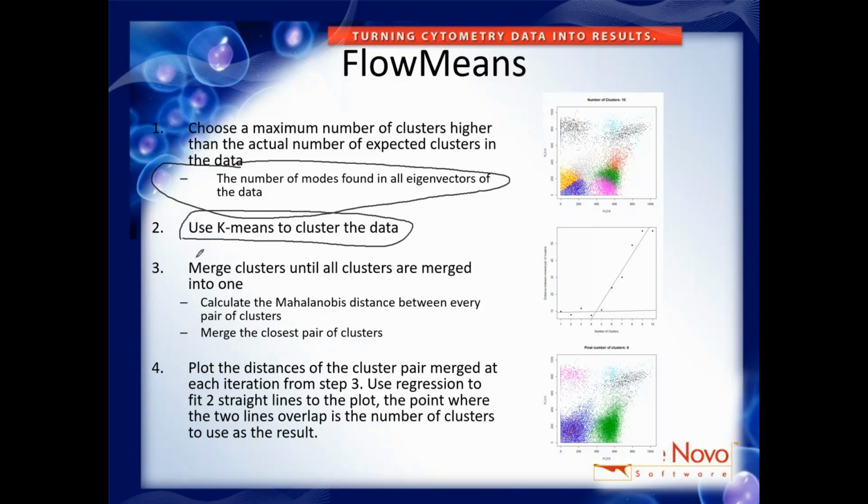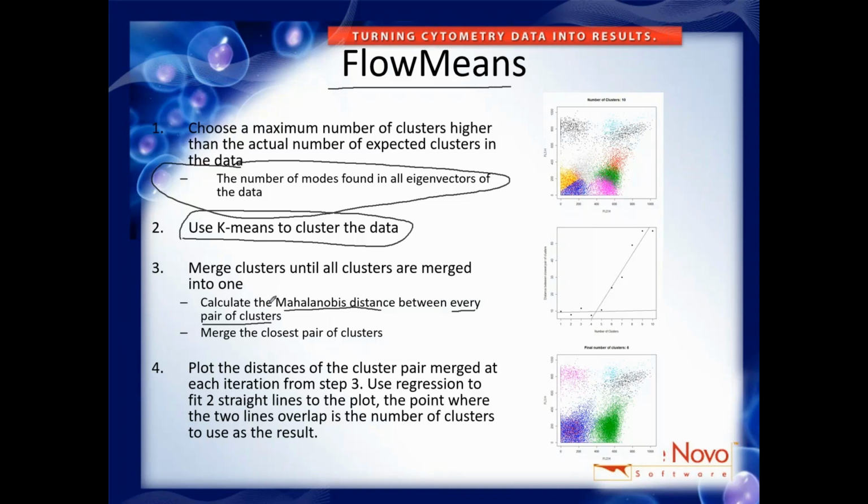So how do you merge the clusters? In the Kmeans algorithm, you calculate the Mahalanobis distance between every pair of clusters. So if I have, you know, 100 clusters, I've actually got 10,000 or 5,000 cluster to cluster distance metrics.